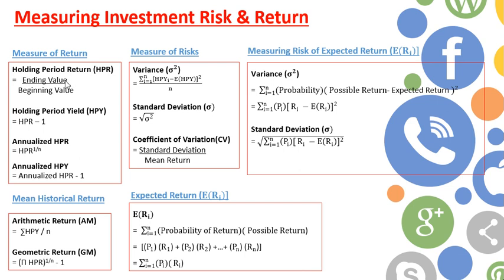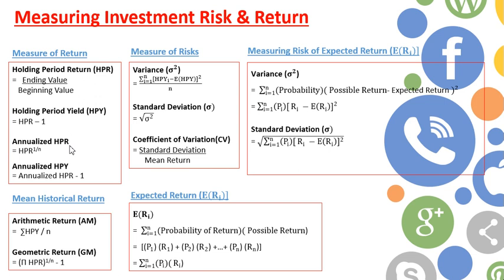We can proceed to calculate the return in percentage terms by calculating the holding period yield, and this is computed by taking the holding period return minus 1. We may also calculate the annualized holding period yield, but before that you need to calculate the annualized holding period return.